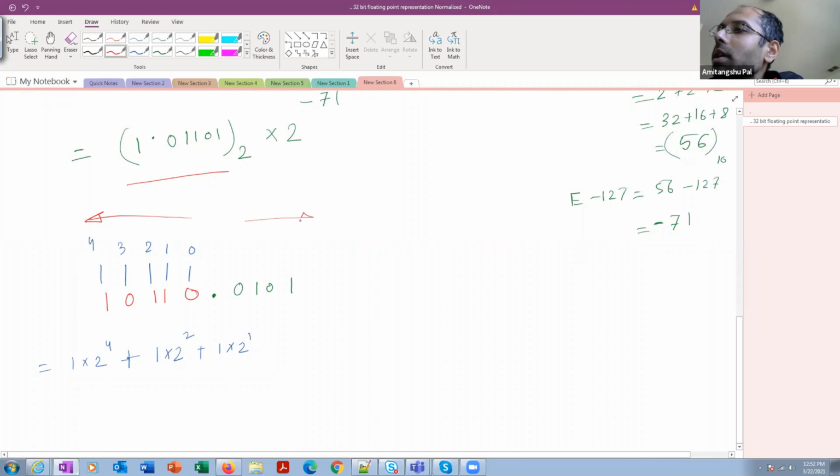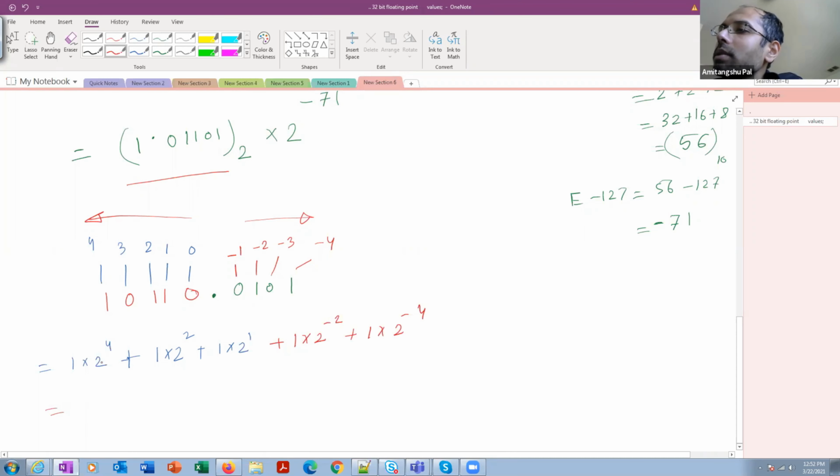On this side, after the fractional point, I'm going to number this as minus 1, minus 2, minus 3, and minus 4. And then I'm going to use the same technique. So that means plus 0 into 2 to the power minus 1, plus 1 into 2 to the power minus 2, plus 0 into 2 to the power minus 3, plus 1 into 2 to the power minus 4.